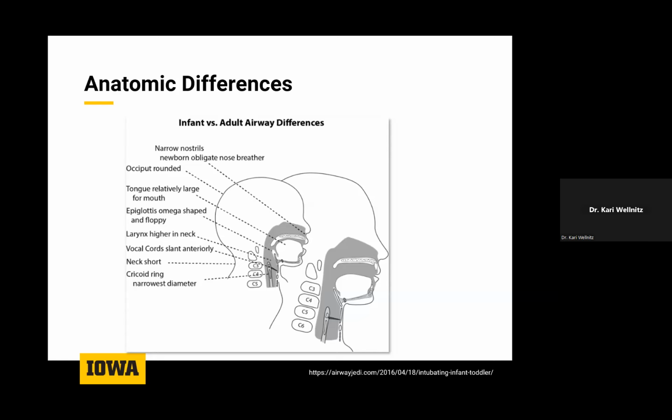The head is rounded and often relatively large in proportion to their body, so sometimes special adjustments need to be made in positioning for bag mask. Additionally, the tongue is large, and there are also other structural differences in the airway further on down.